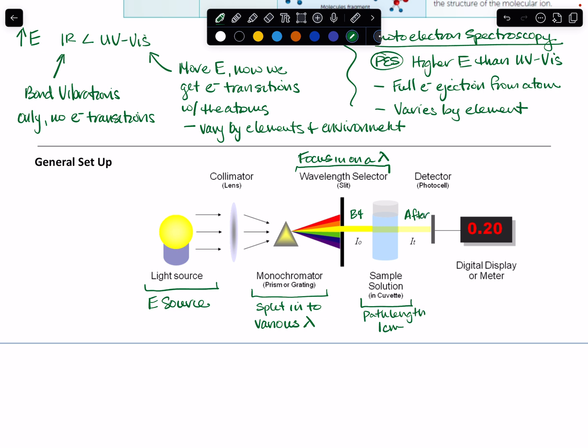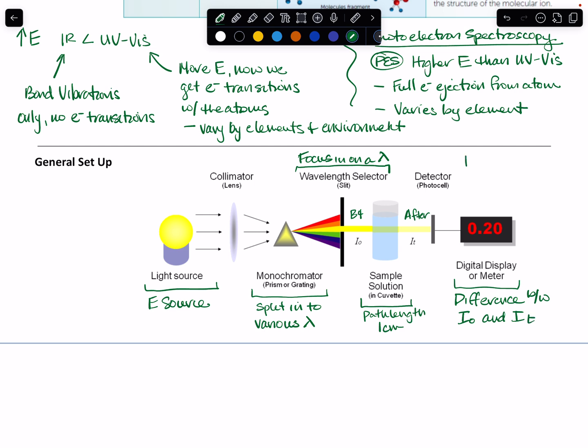Your detector then is going to look at the difference. Whatever is missing is what got absorbed by your sample. So that digital meter is going to read the difference between I0 and IT.